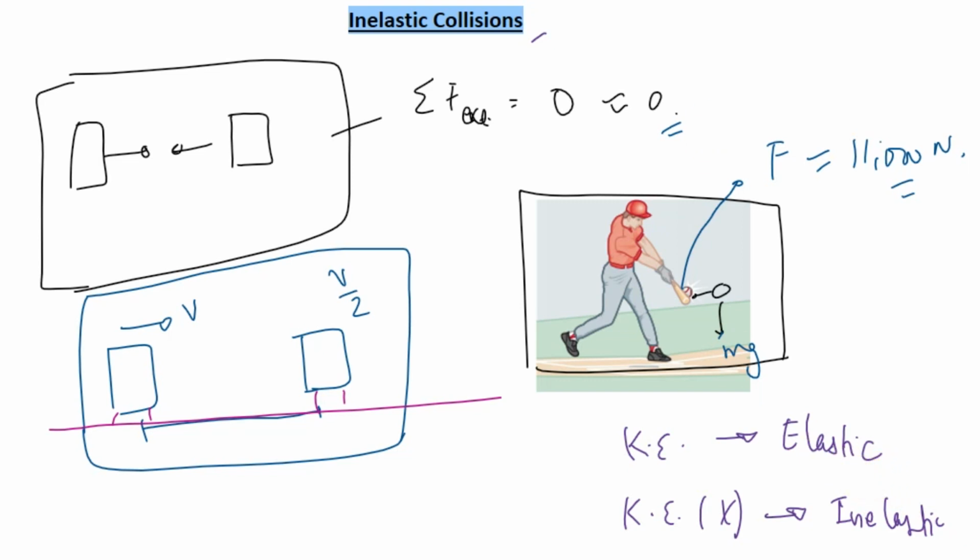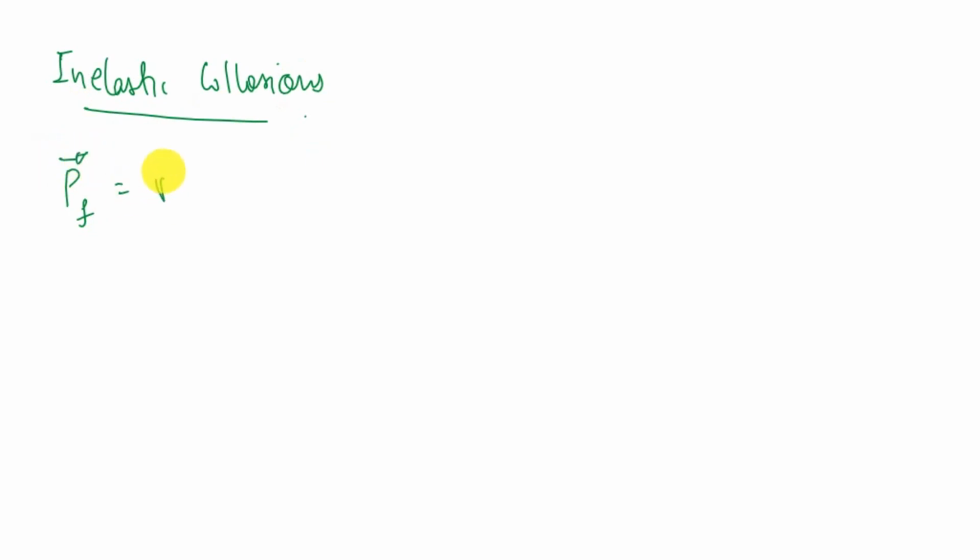So finally, I'm just concluding things. In inelastic collision, the momentum is conserved, that means the final momentum equals the initial momentum, but the kinetic energy is not conserved, so the final kinetic energy is not equal to the initial kinetic energy of the system. Now there is something called the completely inelastic collision.